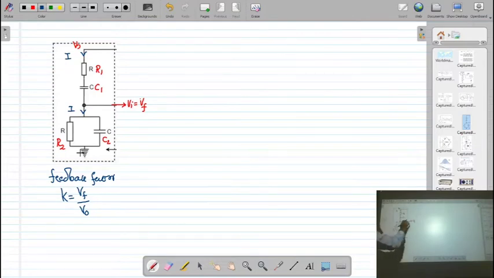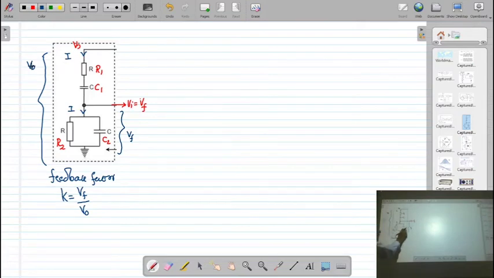The current absorbed by the amplifier is very, very small, so we can assume the same current. When this current passes through R2 and C2, it produces the feedback voltage Vf. And due to this current, we can calculate the output voltage Vo.